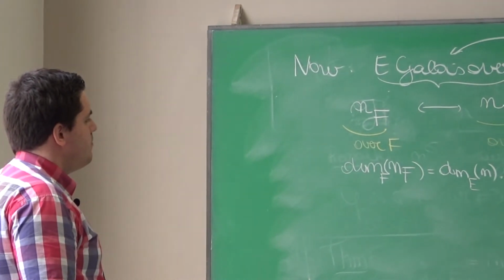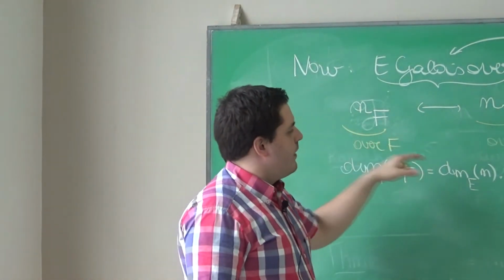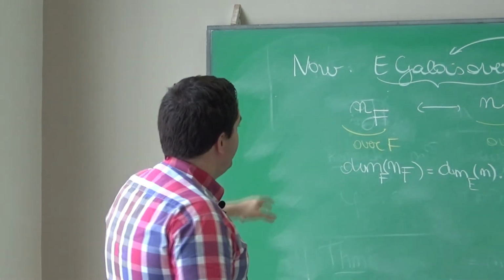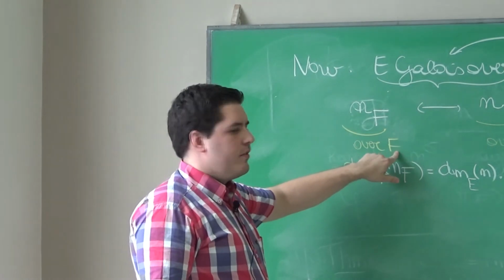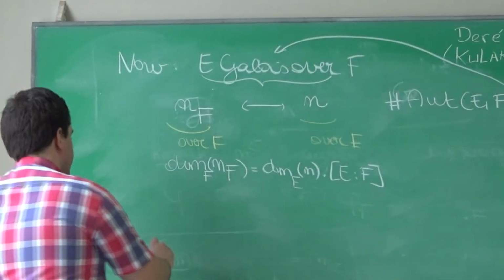Okay. So these Lie algebras, they are not really comparable. They live over a different field, they have a different dimension. But what we can do, at least for fields, is always extend this field again to the original field.